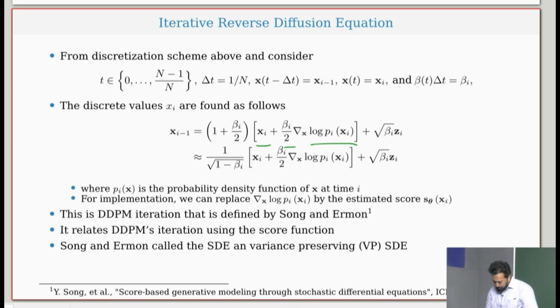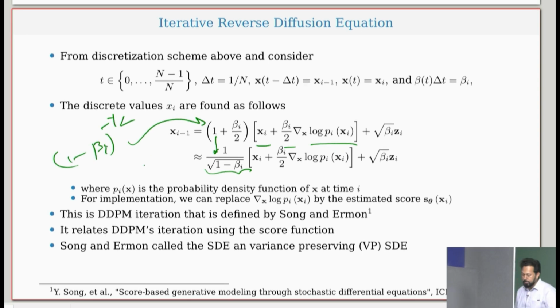And then we did an approximation of this via this, because this is like 1 minus beta_i to the minus half, but it is approximated like this, 1 plus beta_i by 2. So we are here basically. The discrete values could be written like this, and this corresponds to the backward process.